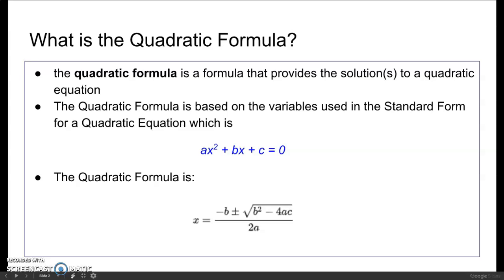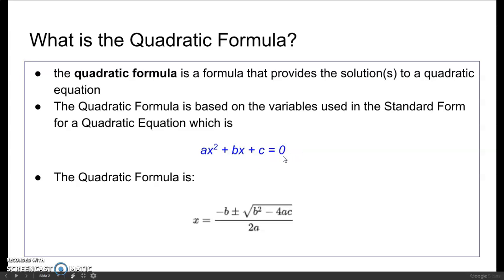So this is a way that it looks a little clunky, but once you start getting used to this, it becomes a way to figure out the x-intercepts, or what we're going to learn today is also called the roots of the equation, by using the quadratic formula. Okay, so the quadratic formula is based on the variables used in the standard form for a quadratic equation, which is ax squared plus bx plus c equals 0.